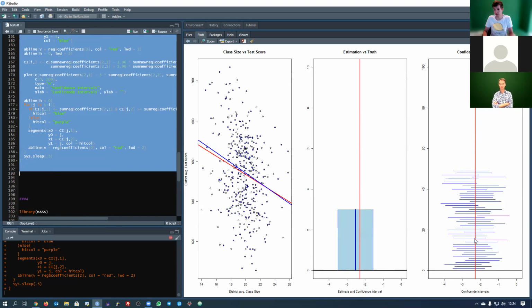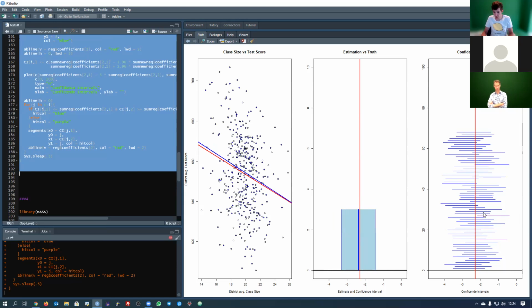If we run this now and wait a little bit until the 100 iterations are finished, we might see, unfortunately purple is not the best color to judge this, one interval that misses the true value, a second interval that misses the true value, the third and the fourth.